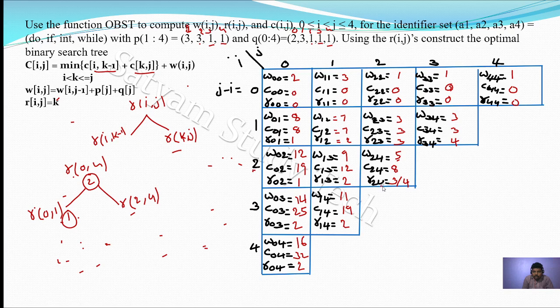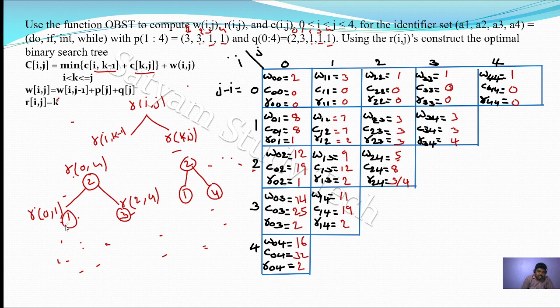You can see R of 2 comma 4 is either 3 or 4, so you can take either. I can write here 2, here 1, and here I consider 4. Both are equal. These are the two optimal binary search trees for this data.